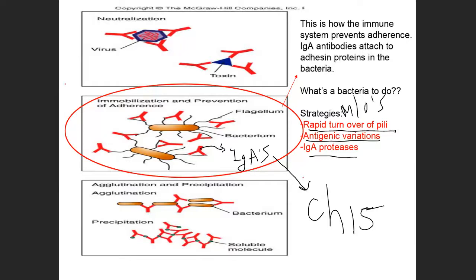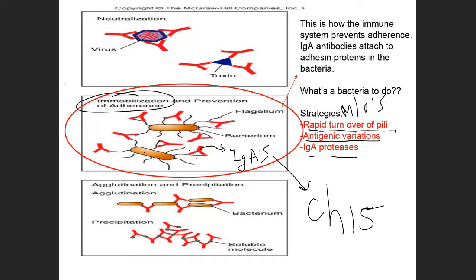Organisms gain access to our body by going through mucous membranes. Remember, the most common mucous membrane, the number one portal of entry, is the respiratory tract. So this could be a respiratory tract bacterium that's trying to gain access to deeper places in the body. And in the respiratory tract, we'll have mucus and saliva that is loaded with these IgAs that will bind to the adhesins in the bacteria. And with that, it will immobilize it and prevent adherence.